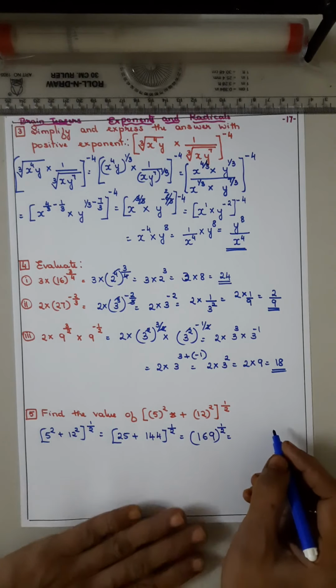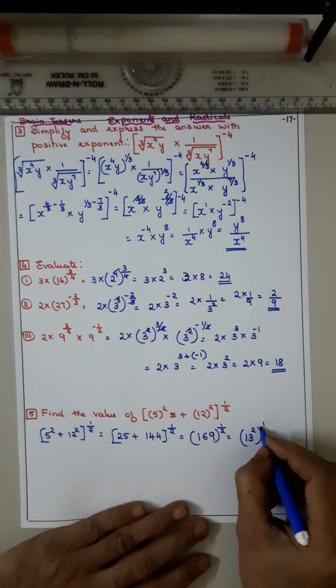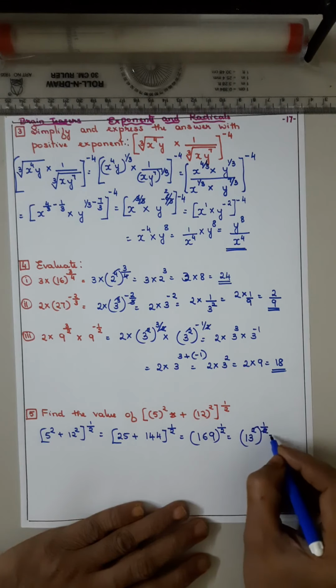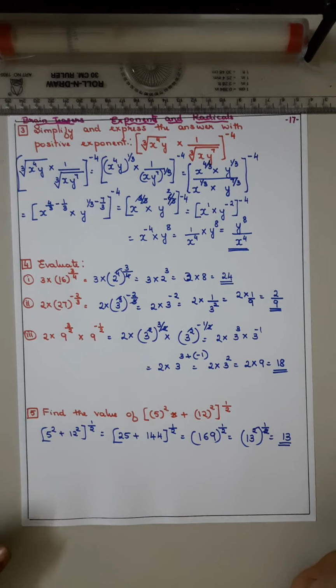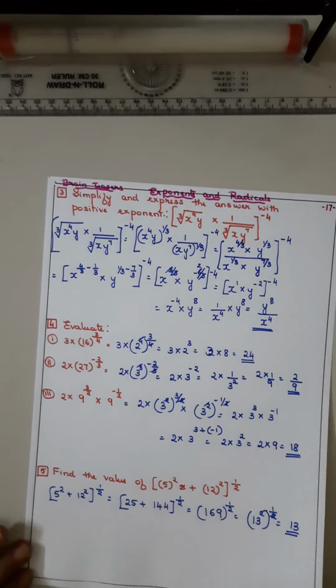Now 169 is whose square? 13 square raised to 1 by 2. 2 gets cancelled. So the answer is 13. Is it clear? These are easy. Here little bit confusion is there. So take care.